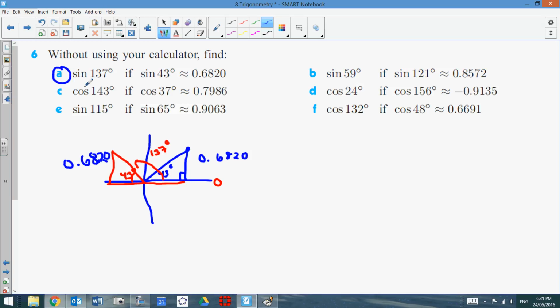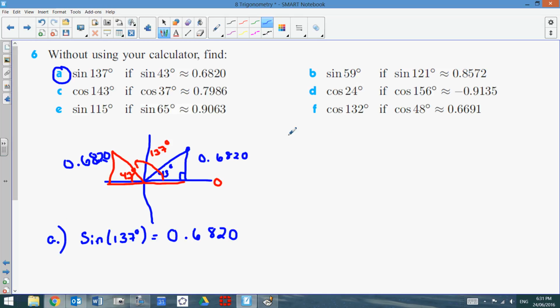So for part A, I don't need a calculator to figure this out, because it's going to be the same answer. Okay, so sine of 137 is also going to be the same as it is for the sine of 43 degrees, which is 0.6820.